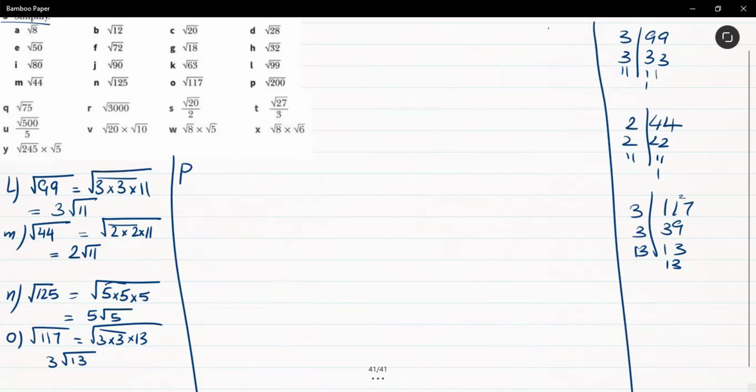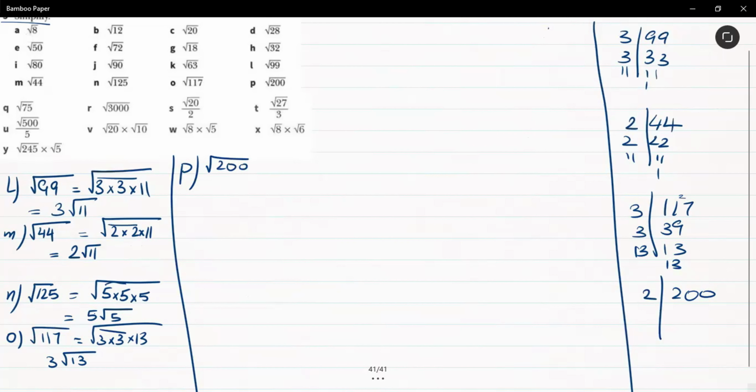Proceeding on to part P, under root 200. Again, take the LCM for 200. I mean, under roots and LCM have a direct relationship with each other. For me, they're unsolvable without LCMs.